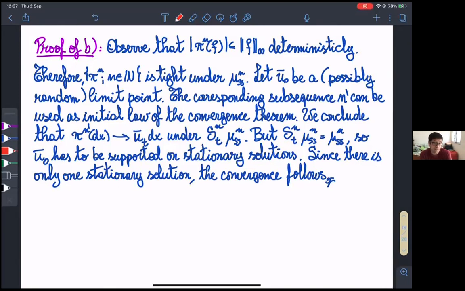So it's tight under the stationary state, so we can take a limit point. Okay, so let me call u_0 bar a limit point, and let me call n' the subsequence under which it converges to u_0 bar.